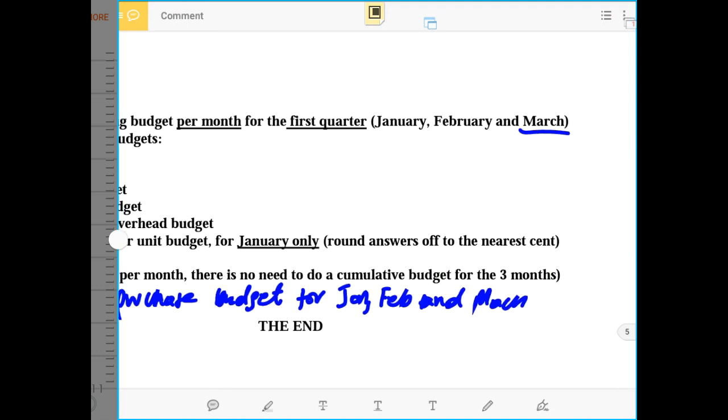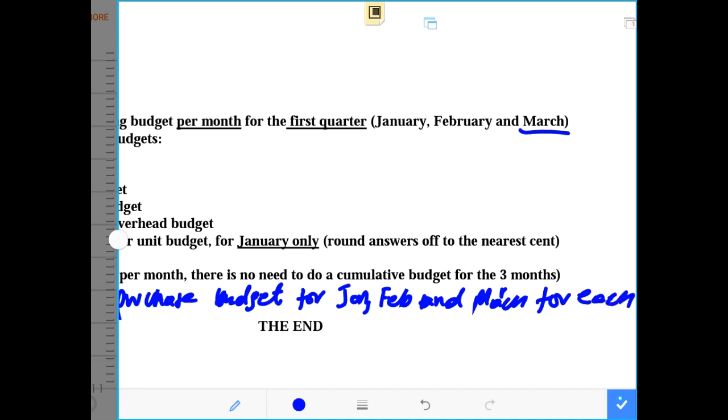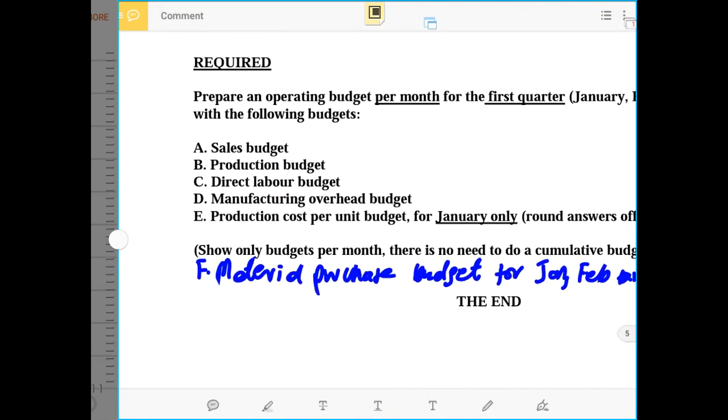I want to do it for each material, which is the component and the metal.